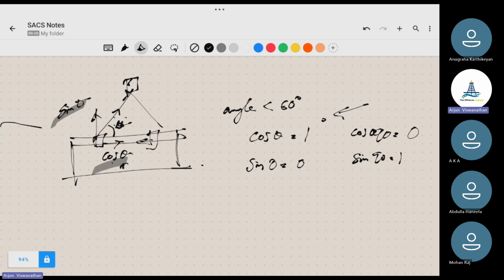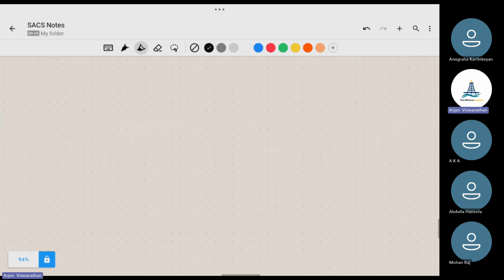Then you may ask, why stick to 60? Why can't you go till 80 or 90? Because we have a constraint called the height constraint for the crane. If you see the crane, let's say this is the tower and this is the hand.